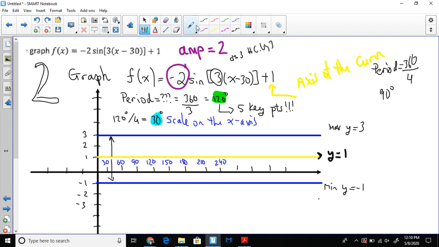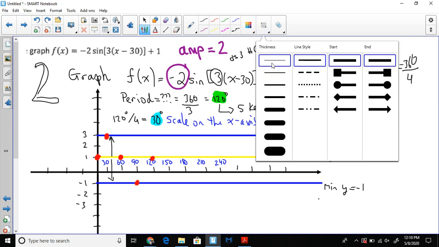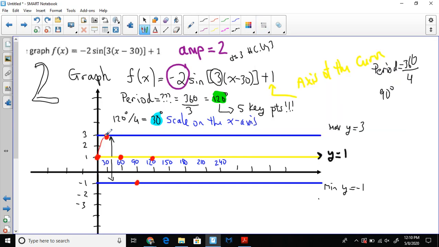My key points now are, because sine starts at the axis of the curve, then at 30 I'm at a max, and then at 60 I'm at the axis of the curve, at 90 I'm at the min, and then at 120 I'm at my full period length. So this is almost my final graph.